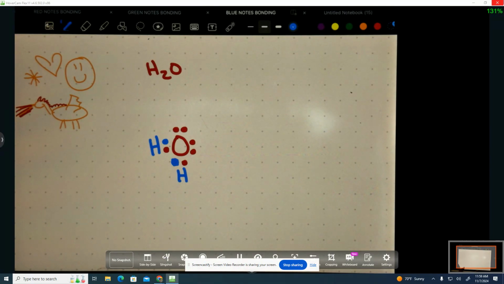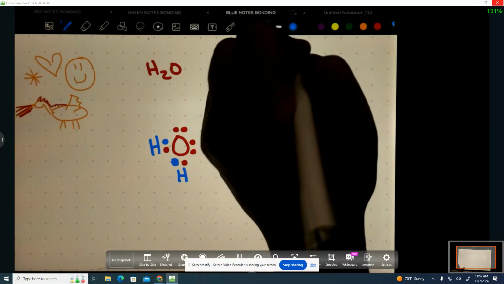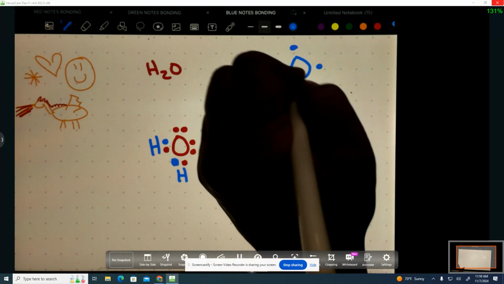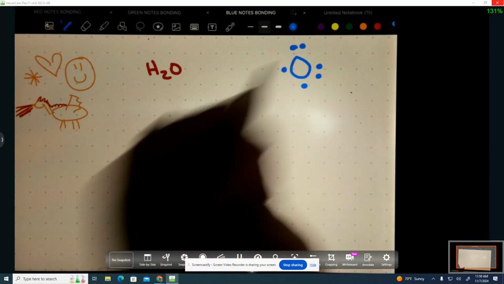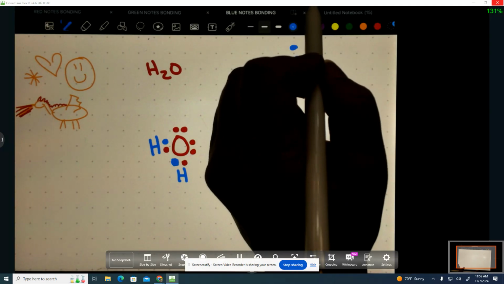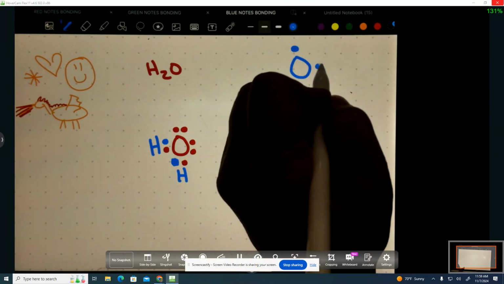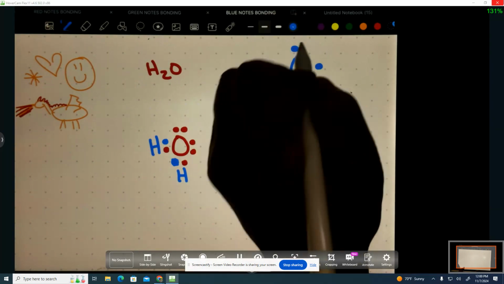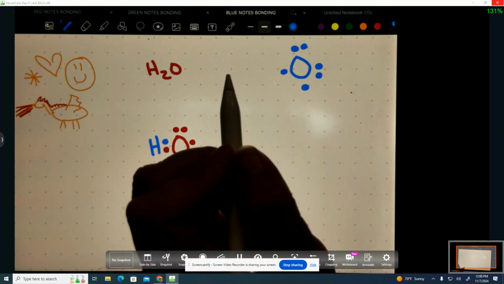Now, remember back a long, long time ago, probably in October, when I told you to please draw your Lewis dot diagrams like that, where I said start at 12 o'clock, and then 3 o'clock, and then 6 o'clock, and then 9 o'clock, and then 12 o'clock, and then 3 o'clock.